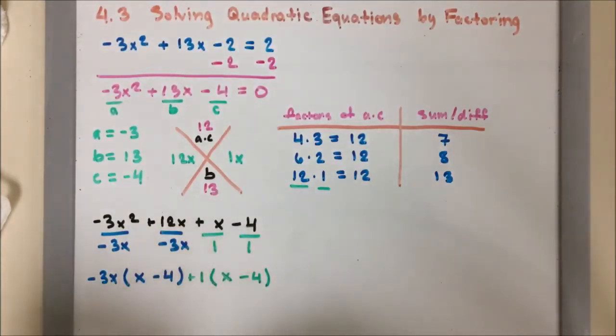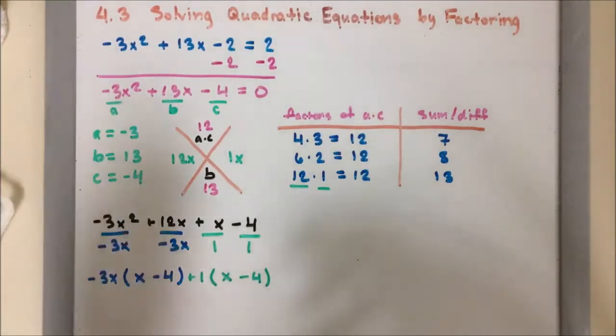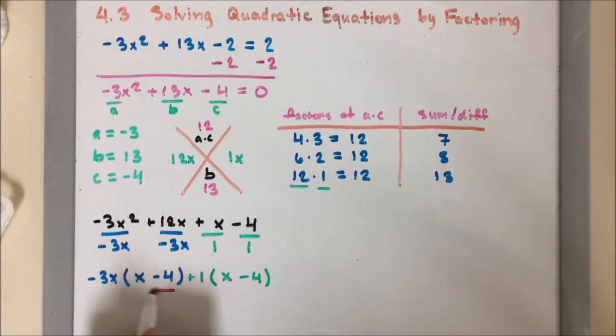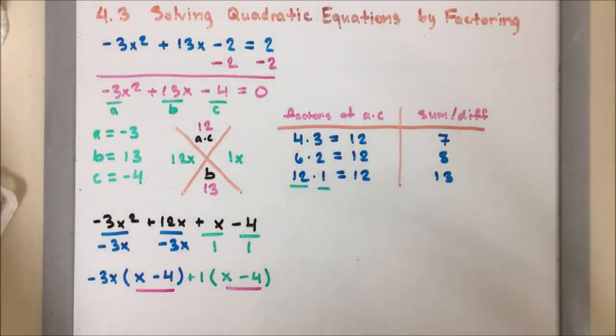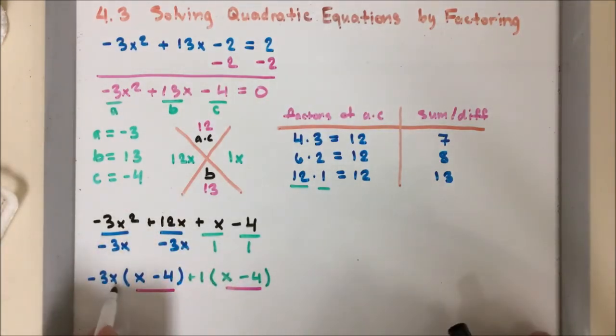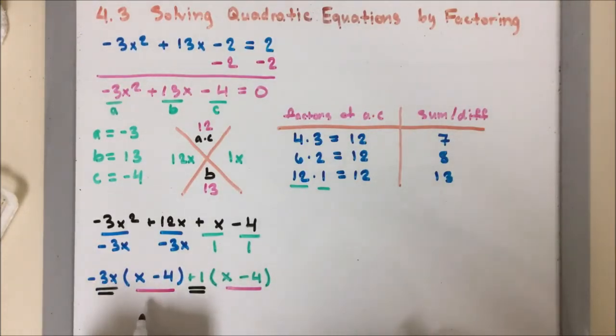And then if you look closely, inside the parentheses, my factor x minus 4, they both are exactly the same. So that means that I can group my GCF together. So I'm going to have negative 3x plus 1 in parentheses.